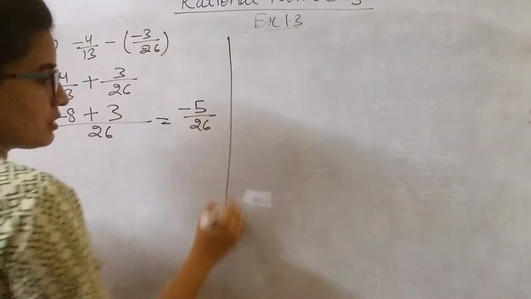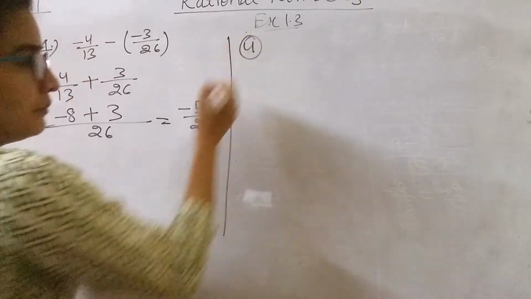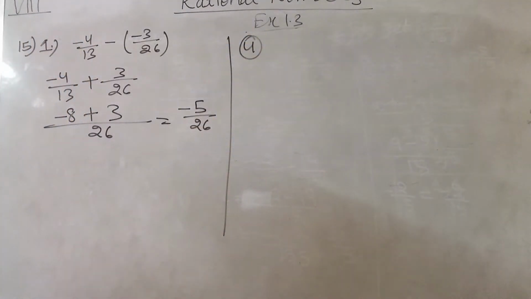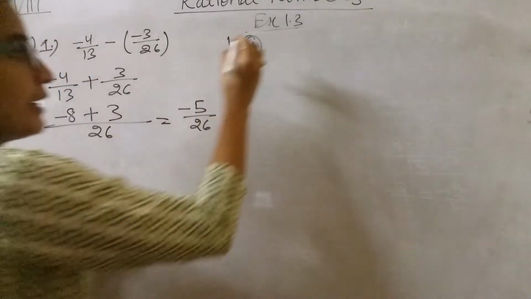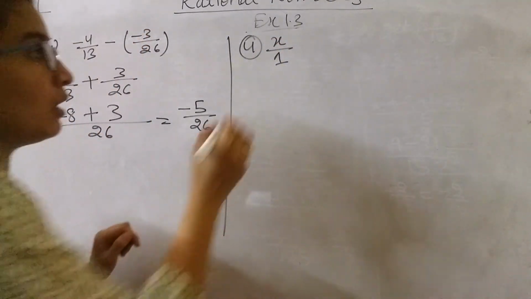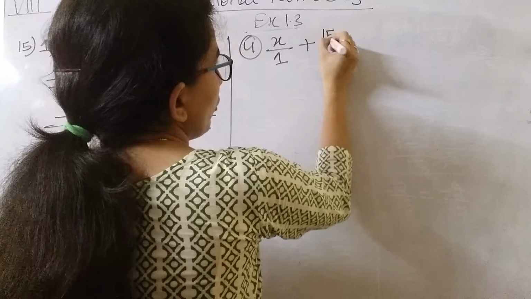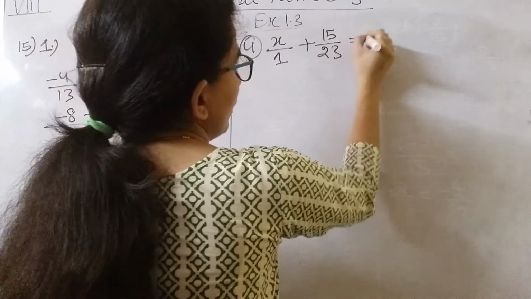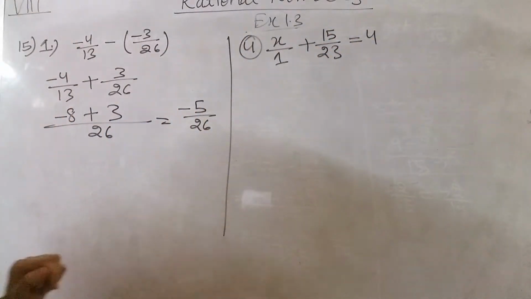And the next question is question number 4. x plus 15 upon 23 equals to 4.